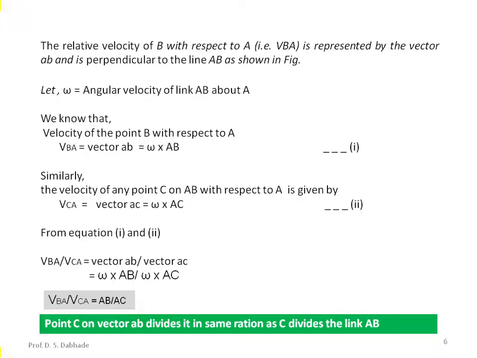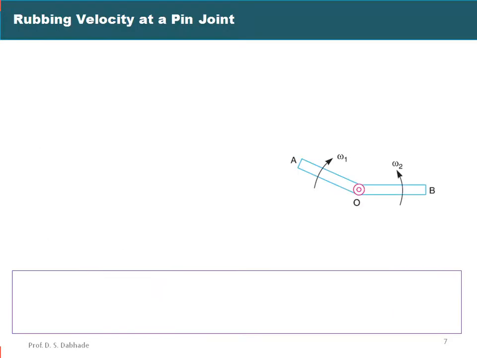Okay, so this is the way by which we can find out and show the vector for the velocity of any particular link. So now the next part is whenever two links are joined by means of a pin joint.